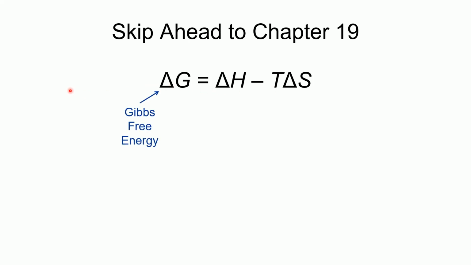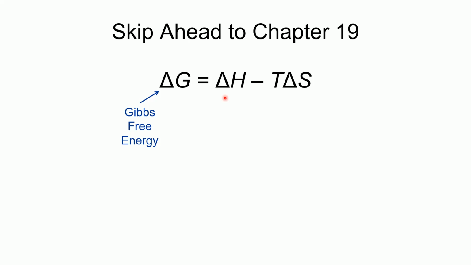But the thing you haven't seen is the Gibbs free energy, which is a new topic for you guys. We're going to talk about it in great detail in chapter 19. However, right now we'll just say it's an important thermodynamic quantity that helps us to determine: can something happen?